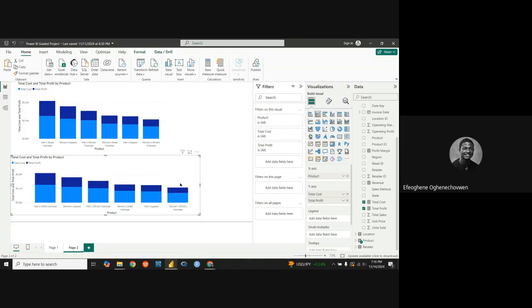Hopefully tomorrow class we should be done, so that we'll just do a bit of revision. So this is quantity. I want to see my total quantity by product.